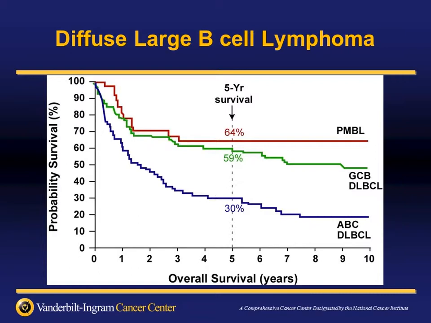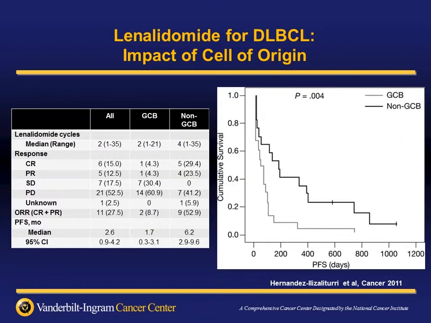had worse survival. Lenalidomide with diffuse large B-cell lymphoma, looking at cell of origin, has a much better response rate if you have the non-germinal center, the activated B-cell. And the overall response rate was 52.9% versus 8.7% in the germinal center B-cell lymphoma.